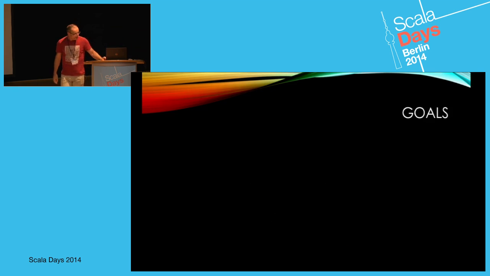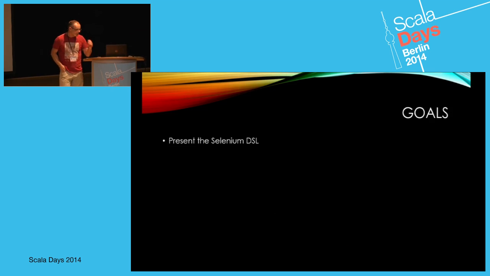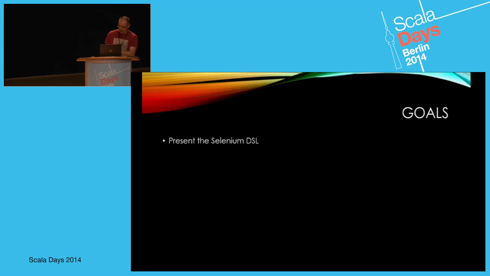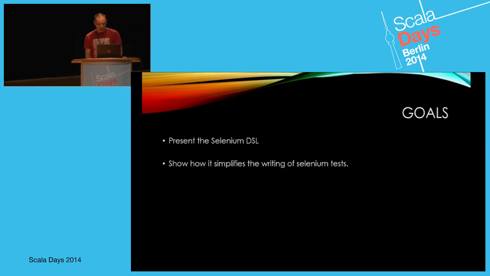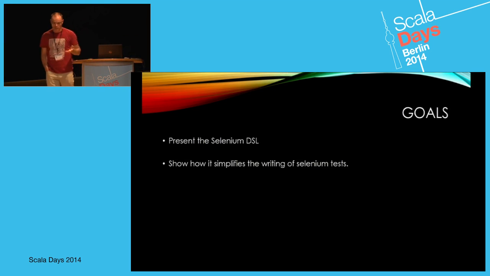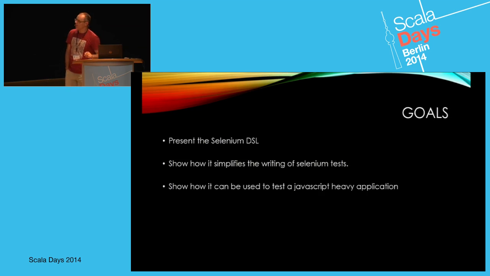So the goals here are to present the Selenium DSL, which was written by Bill and Jay. Show how it simplifies the writing of Selenium tests. At least I think it simplifies the writing of Selenium tests. You'll find out what I think about it in a minute. Show how it can be used to test a JavaScript-heavy application.